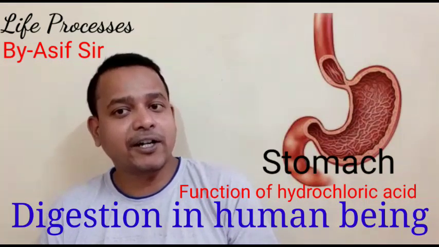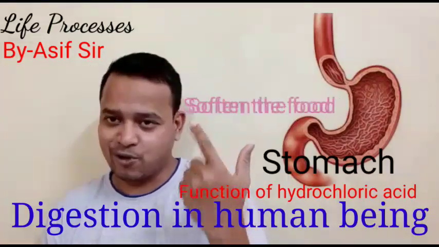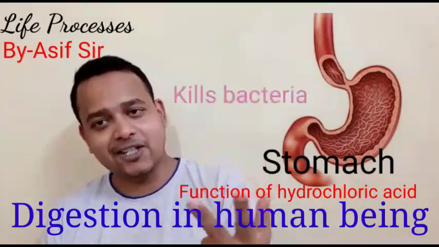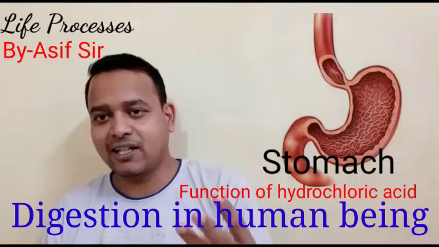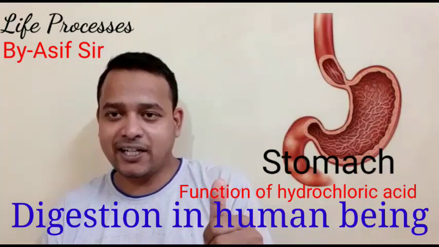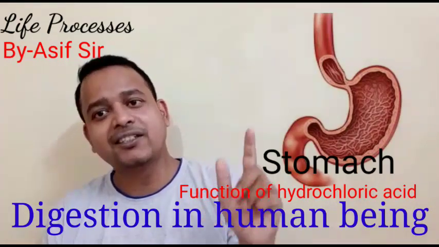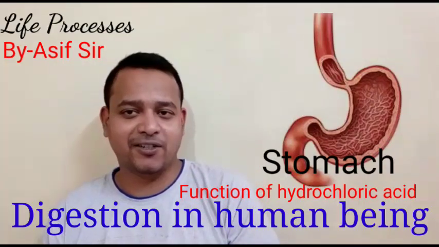What is the function of hydrochloric acid in the stomach? It makes our food acidic, it softens the food, it kills bacteria, and it stops the function of salivary amylase. I repeat, HCl makes our food acidic, softens the food, kills bacteria, and stops the function of salivary amylase.